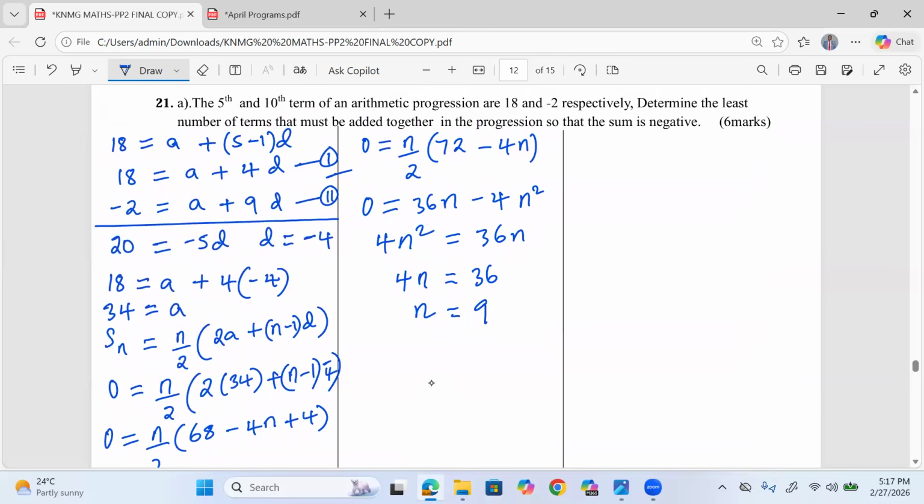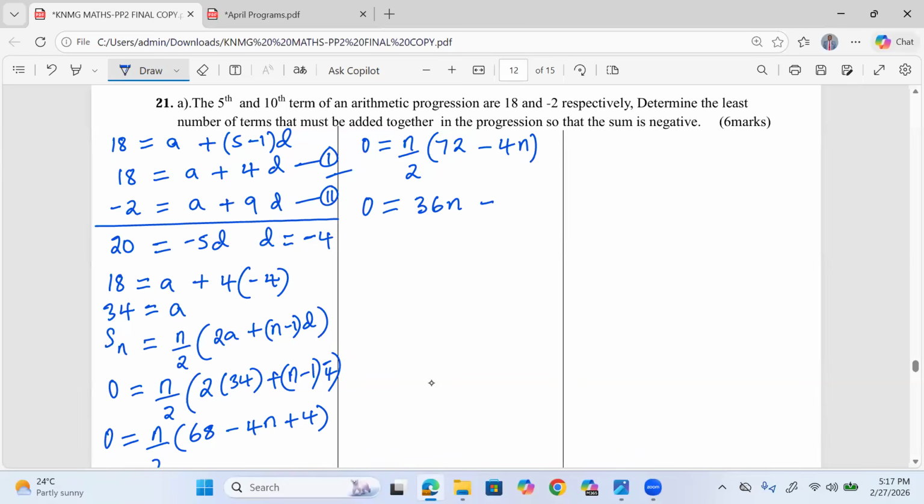We are opening the brackets at this point. Let's take it slowly.